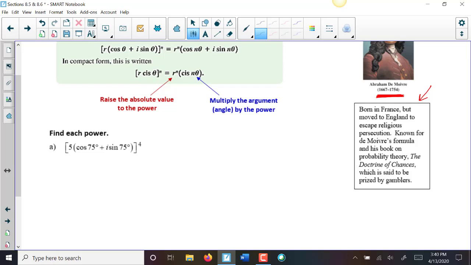Okay, now I could do this. I'm using CIS because it's faster. And I could take it times itself, right? But I don't want to do that, okay?